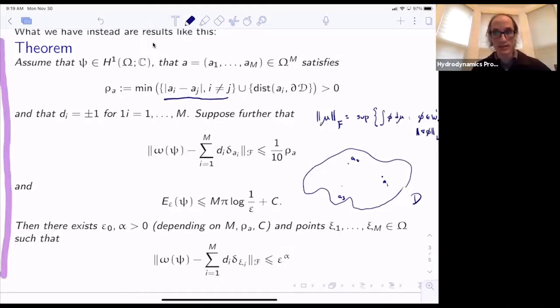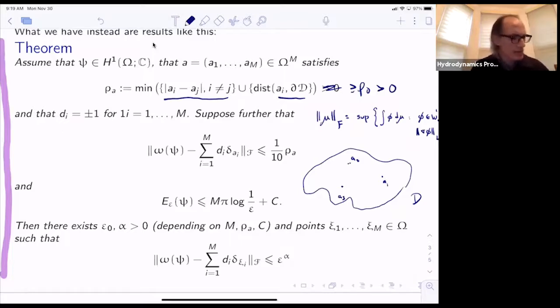So the closest distance of any two points, A1, A2, to each other, is bounded away, and they're bounded away from the boundary. So it might be better to say they're bigger than some rho naught, which is a positive number. Okay, so that's assumption 1.